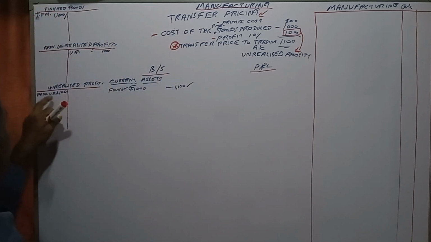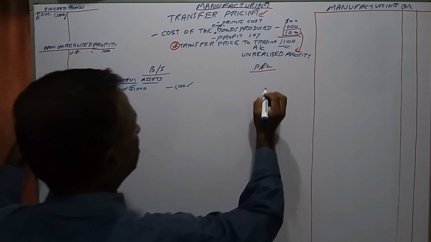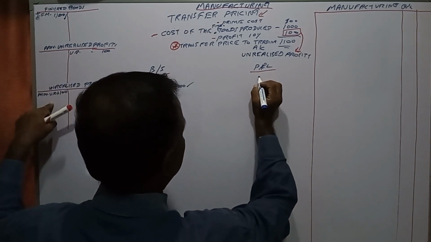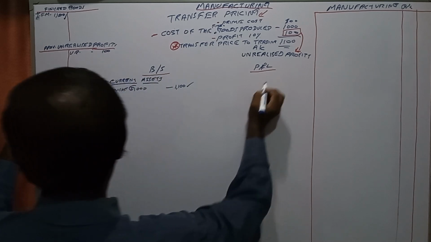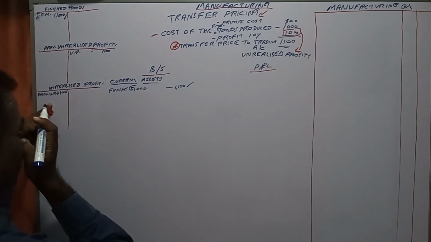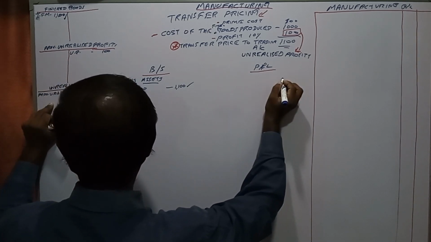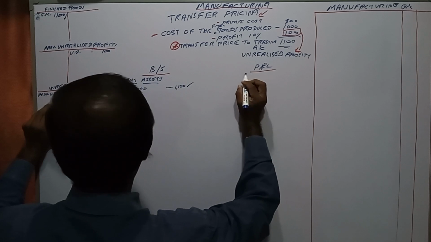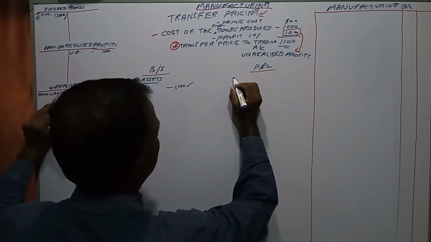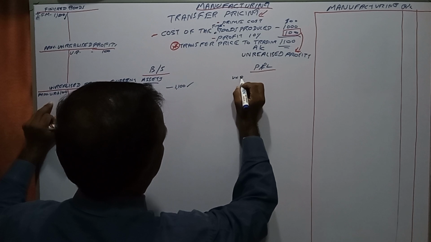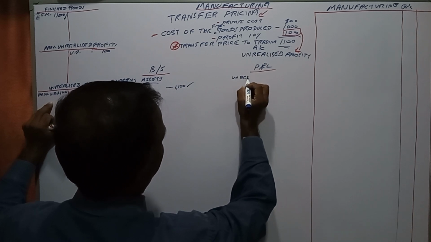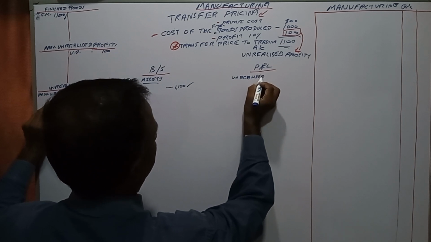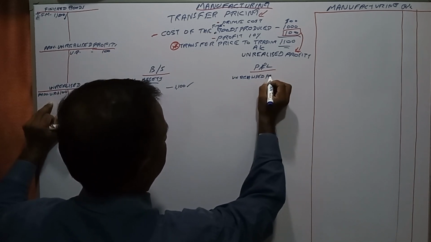The unrealized profit will go in the P&L, under the sales or other expenses or something, you can say unrealized profits.